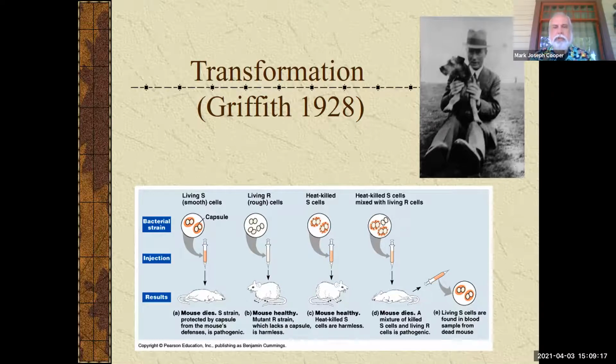But by exposing the R cells, the rough cells, to this killed S cell, they actually picked up information and then were able, in the next generation, to kill the mouse. So these R cells are picking up genetic information and then passing it on. So this was the first proof that genetic information can be passed on from one organism to another, one individual to another.